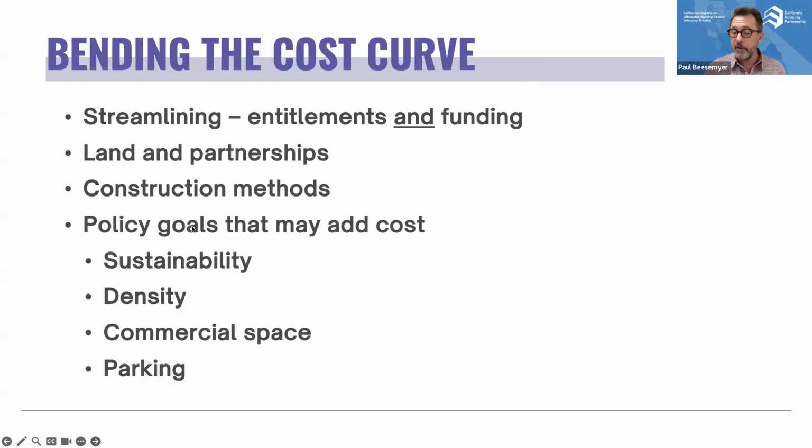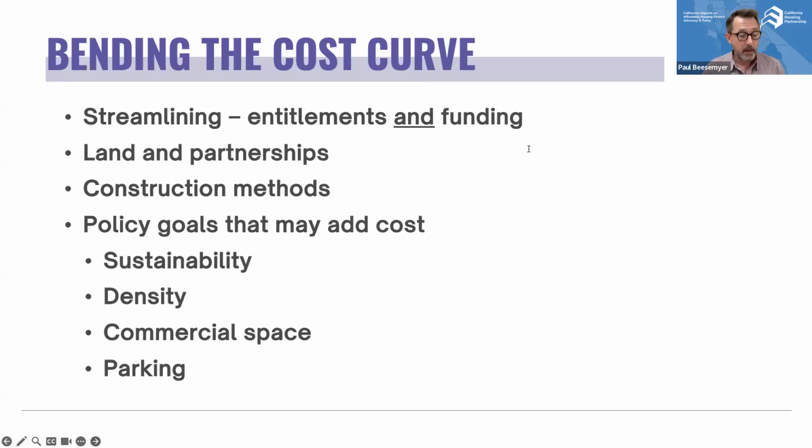So if my city makes land that is worth $50,000 to $75,000 per unit available to me for $0 or for nominal rent over time, that's real cost savings.